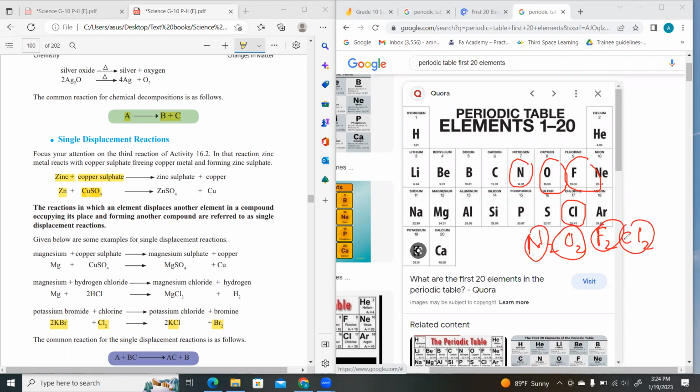So when you're writing reactions, they will always be present as gas. Oxygen is also O2 because it is present as a molecule in nature. Oxygen won't be alone in nature. Always it's a molecule, so two oxygens bonded together, two nitrogens bonded together.